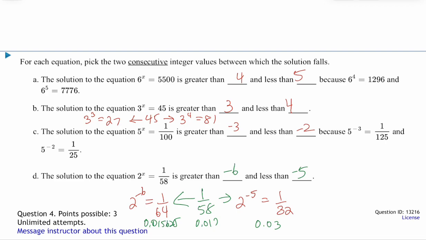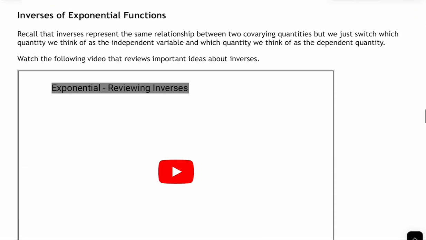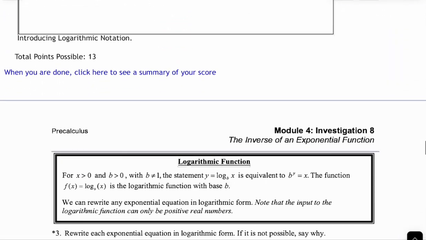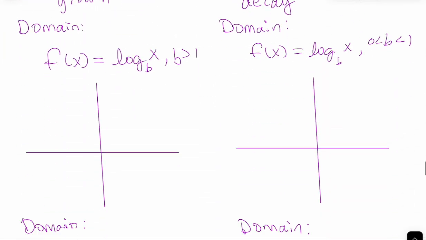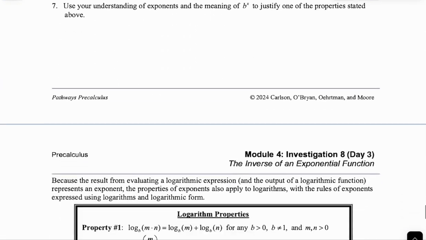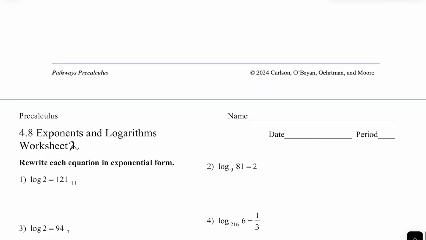Okay, so that should be done. Now we have one other little thing we're going to talk about today. Okay, so now go into Google Classroom for me. We're not turning in 5-8 investigation yet because we got stuff to do. I just got to find the one I wanted to go over next.